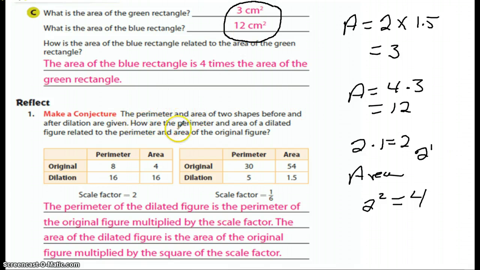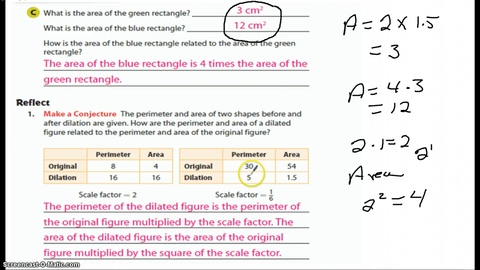Last, make a conjecture about the perimeter and the area of these two shapes, the information on these two shapes before and after dilation, and how the perimeter and area of the dilated figure are related to the perimeter and area of the original. So original is 8, dilated is 16, so we know that that's 2 times 8, and dilated, we have 16 and 16, so again, we're looking at a scale factor of 2.